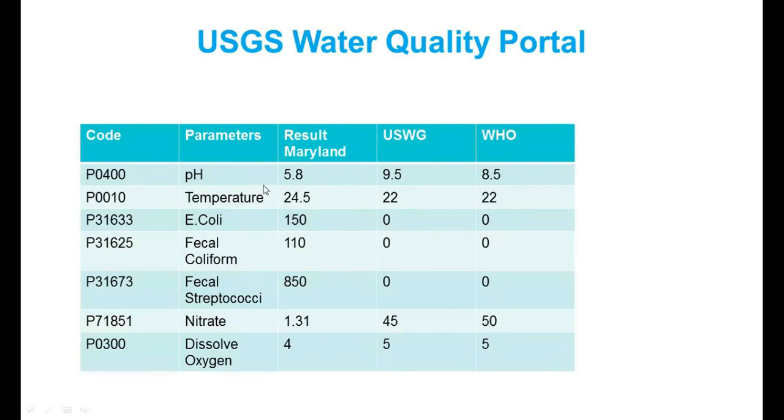So for pH, we have the results which we got from Maryland, from our data which we filtered. These were the results, 5.8.